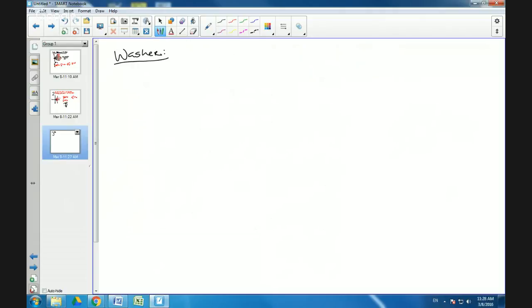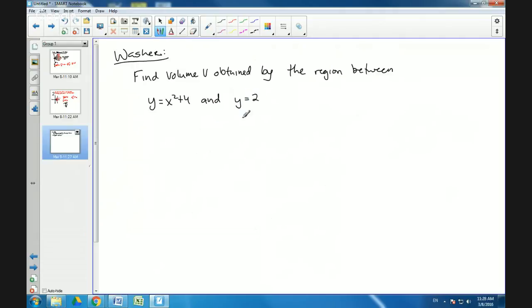For the examples in the book, find the volume obtained by revolving the region between y equals x squared plus 4 and y equals 2 about the x axis for x from 1 to 2.